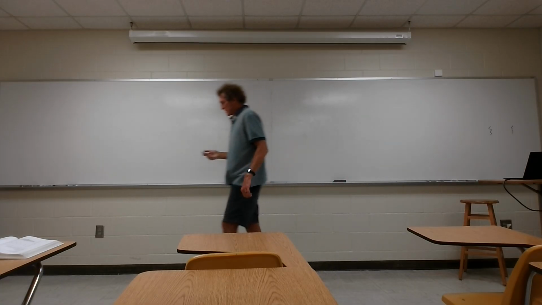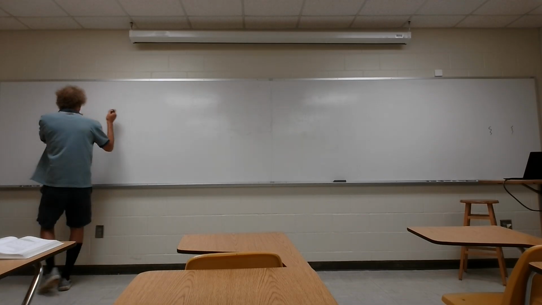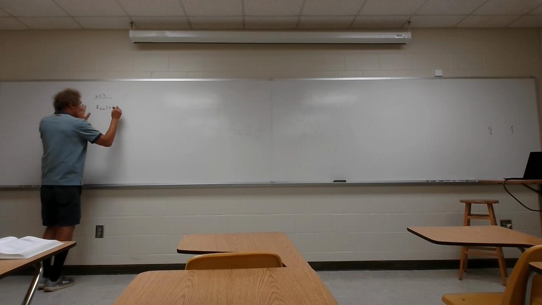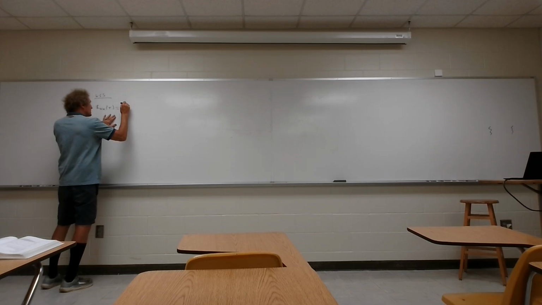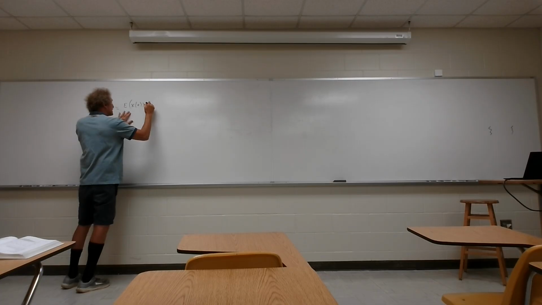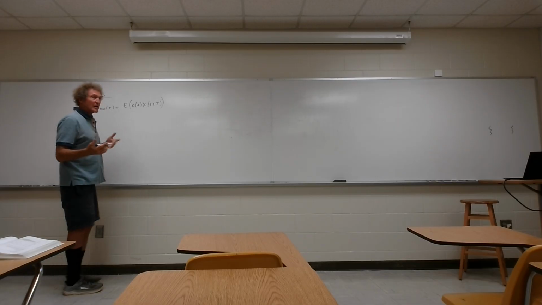So here's the deal with this one. Our definition, assuming it's wide-sense stationary, we're going to get R_x of tau equal to the expected value of x of t times x of t plus tau. And we can use a time average.